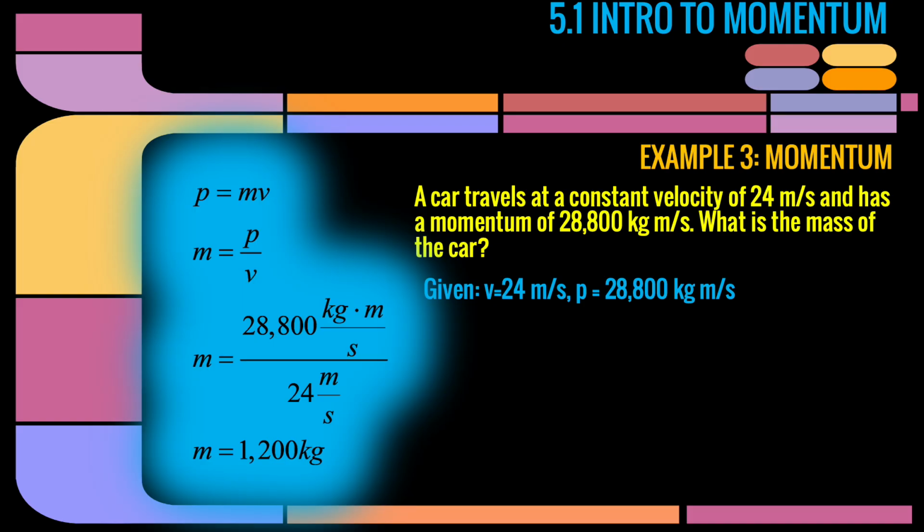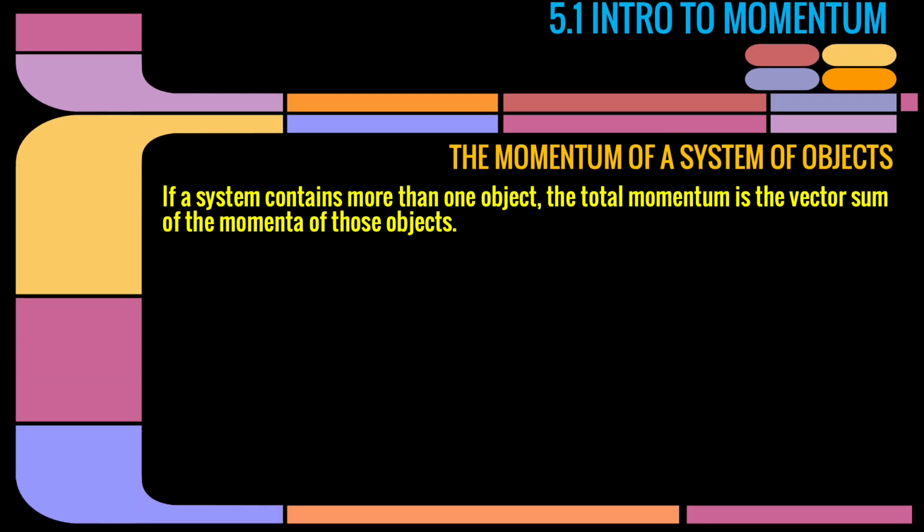A more interesting concept is the momentum of a system of objects. If a system contains more than one object, the total momentum is the vector sum of the momenta of those objects. So the momentum of the system is equal to the sum of momenta.